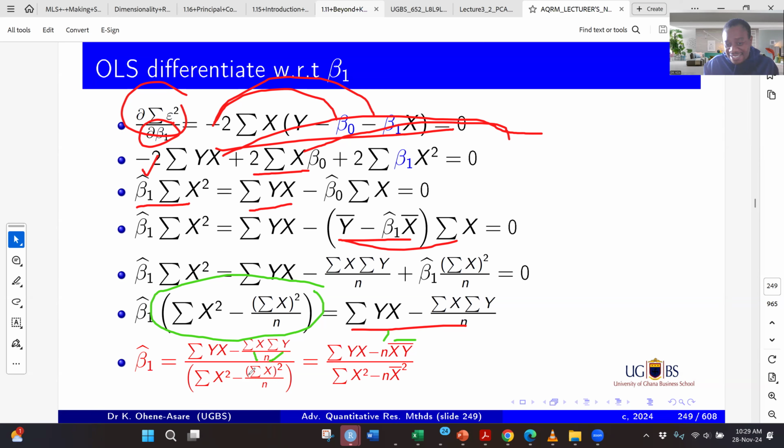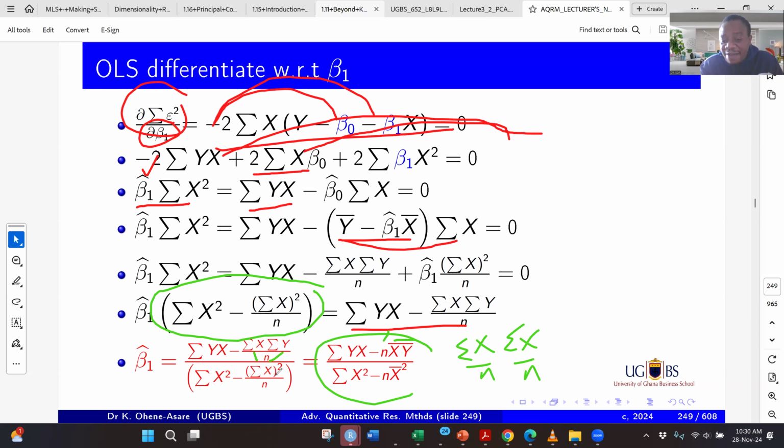And sigma x all over n is x bar square. Now, ideally, you might say that the x bar square is sigma x over n times sigma x over n. Okay, that is what it is. But then the n is already there because of the divisional symbol that you already have there. And therefore, the final of this becomes that.